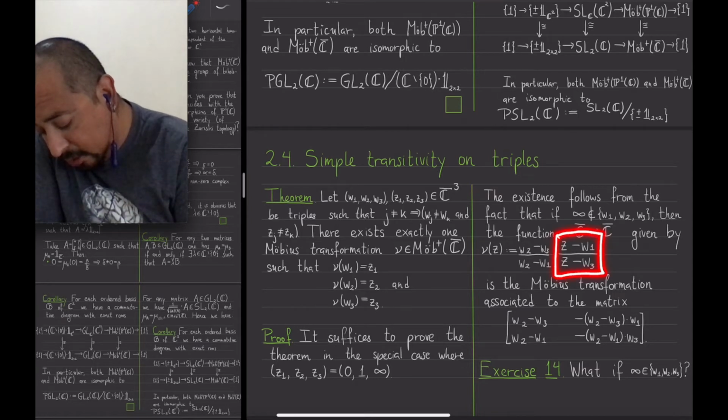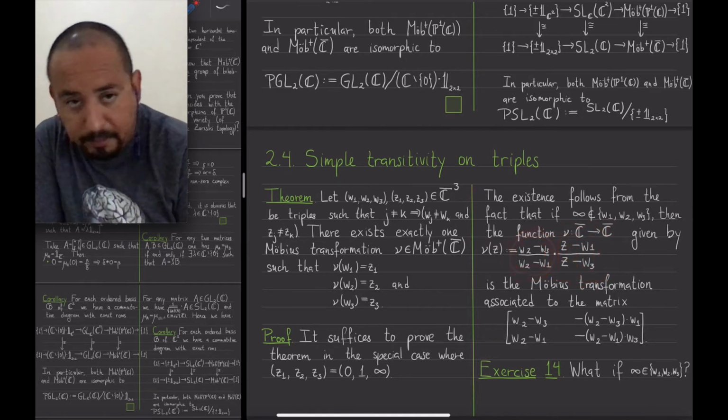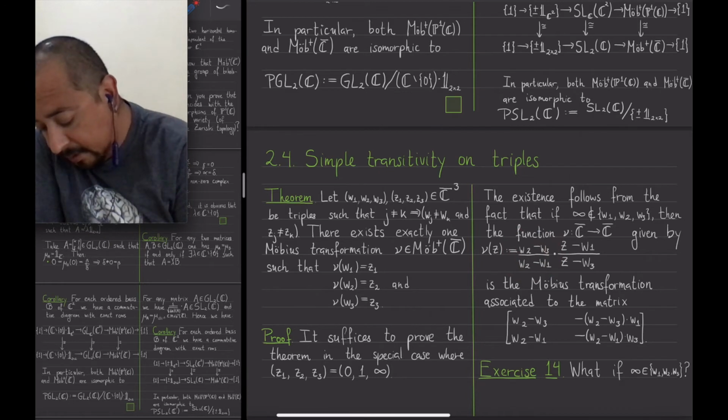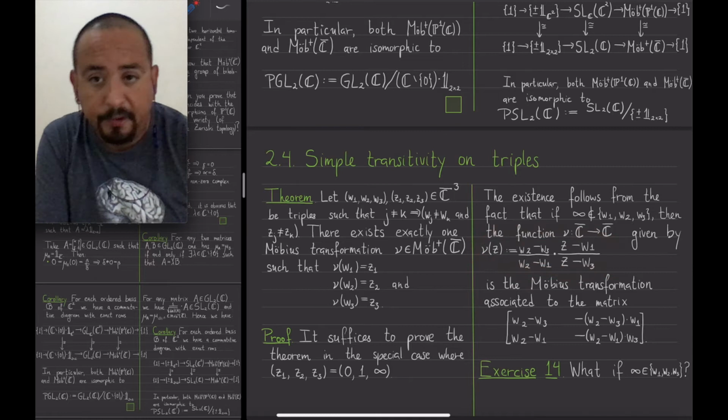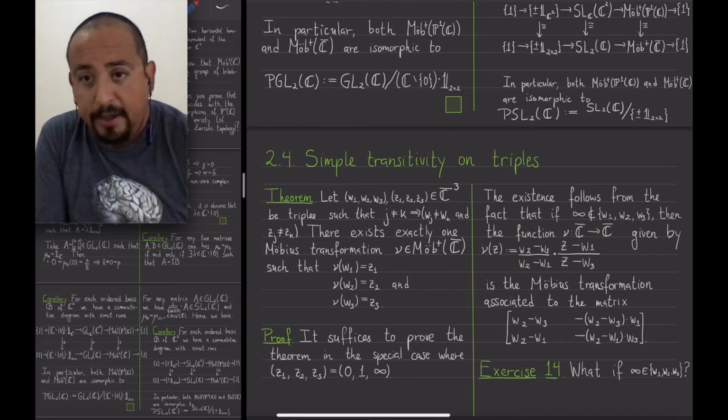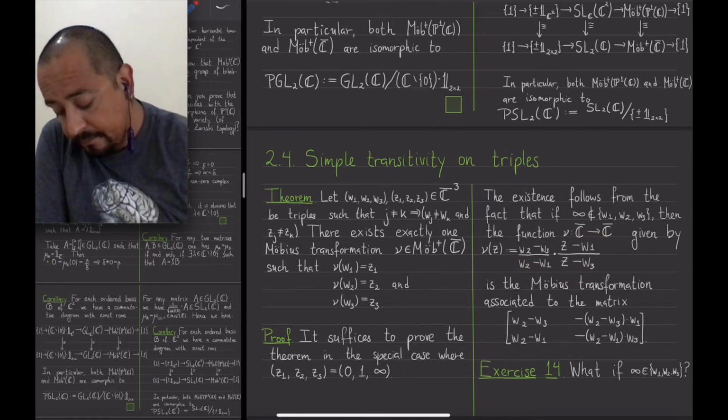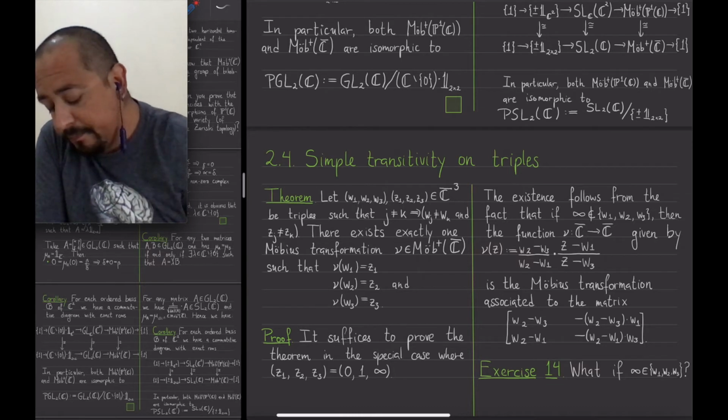Plug in W2 and see what happens. Then you obtain this number. But you want 1, you don't want this number. So just divide by it, in other words, multiply by its inverse. And then consider that rule of correspondence. This rule of correspondence, by construction, has the behavior you want.